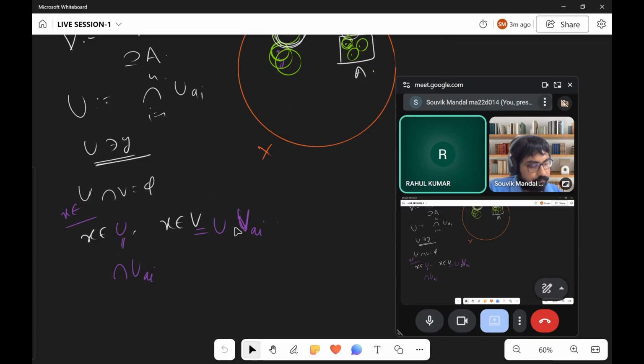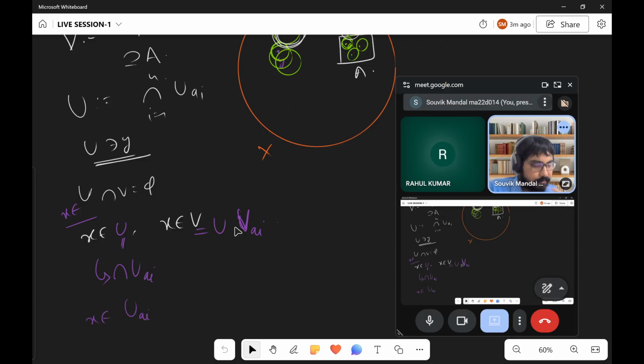How to write it? See, X belongs to the intersection of U_αi, right? So that means X belongs to U_αi for all i, correct? Yes, for all αi. And X belongs to the union of V_αi. That means X belongs to V_αj for some j, correct?